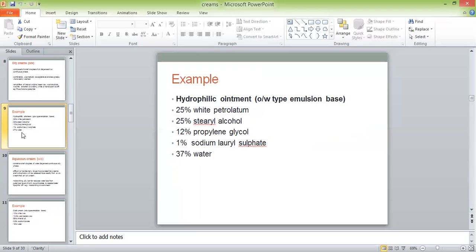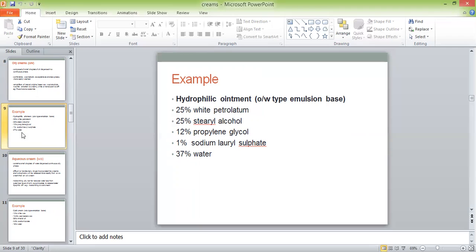Now, this is basically what the ingredients are. As we have seen, it consists of white petrolatum, stearyl alcohol, propylene glycol, and sodium lauryl sulfate.